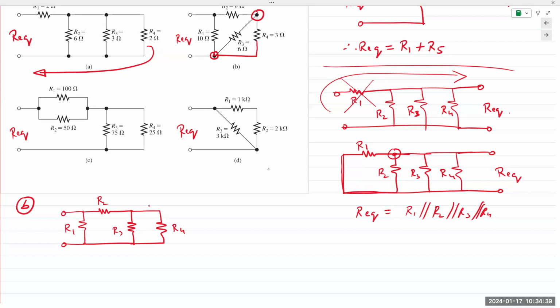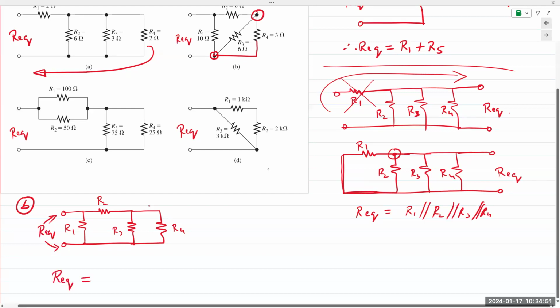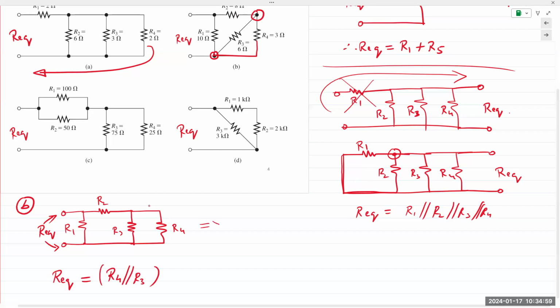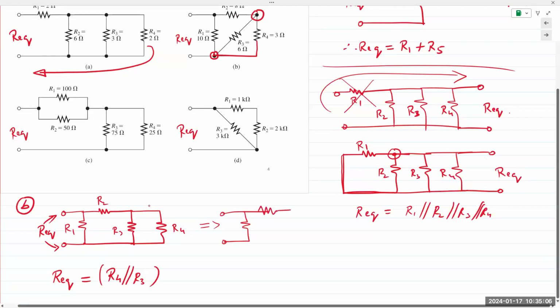So in this case now, if I want to find REQ, I start at the farthest end. Farthest end is R4. R4 is in parallel with R3. So R4 in parallel with R3, which would then be in series with R2. So I'll call this R5, R2, and R1.